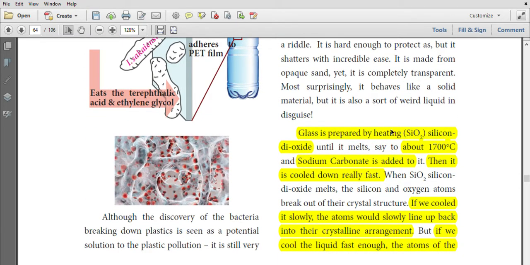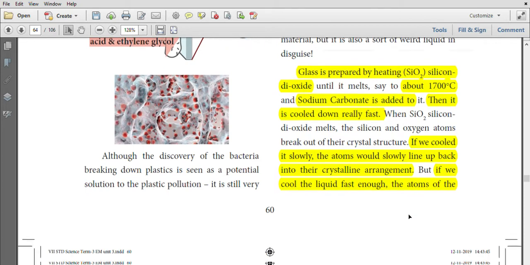Glass is prepared by heating silicon dioxide to about 1700 degrees Celsius. Sodium carbonate is also added to it. After heating, it is melted. Then it is cooled quickly.